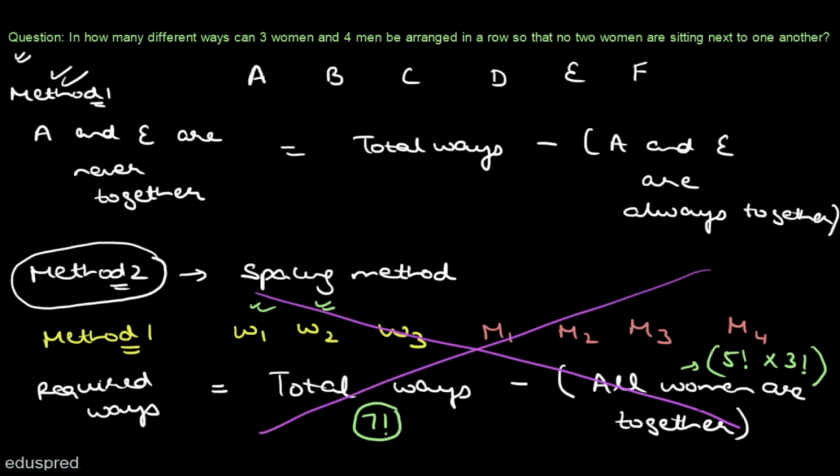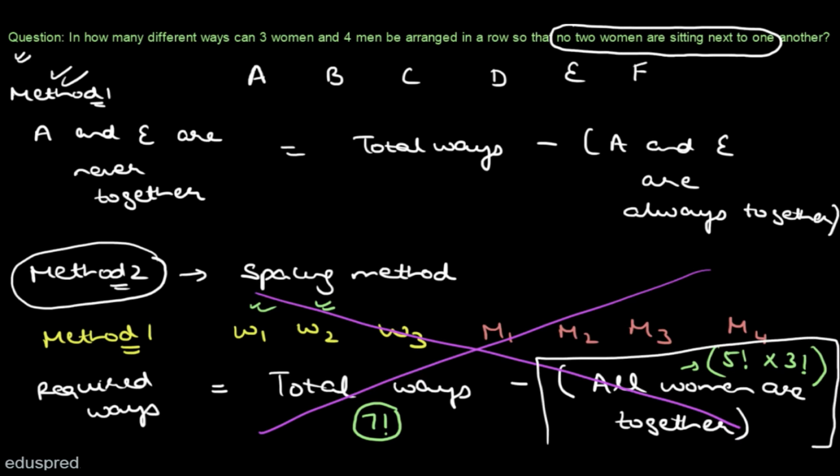And actually, this is a classic mistake that most of the students make. Let me tell you why I am saying that this is wrong. So see, what is the condition that we have? The condition is that no 2 women are sitting next to one another. Okay, so this is not the only case that we have to rule out, in which all women are together. You also have to rule out the cases in which, let's say, woman number 1 and woman number 2 are sitting together and woman number 3 is sitting at a completely different place.